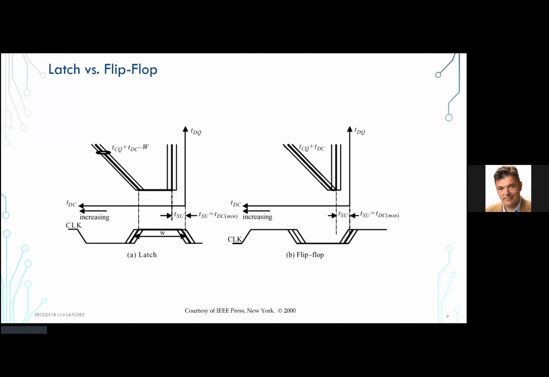So if data arrives during this flat plot, we don't care about skew or the jitter as long as we don't hit the edge. So that's one of the big advantages of latches, and that's why people tend to use them in places where they do relaunch.